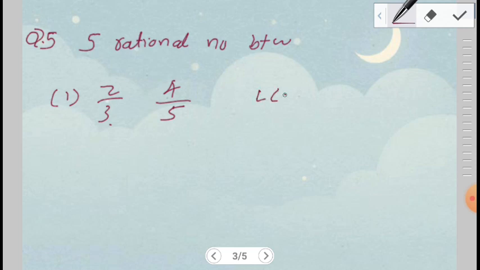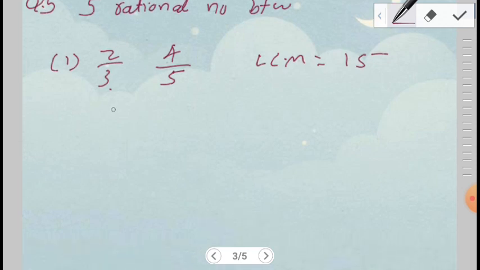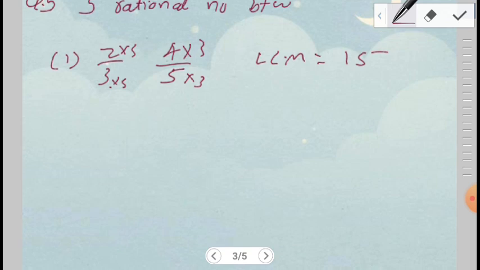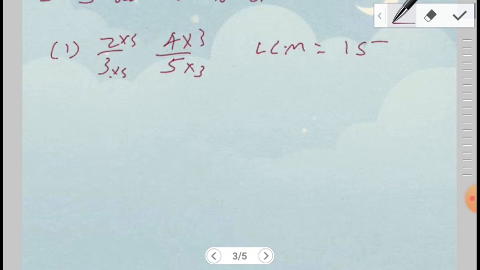So here the LCM is 15. I will multiply this 3 with the 5, so it becomes 15. Here also I have to multiply 5, and here 3 and 3. So it becomes 10 upon 15 and 12 upon 15.